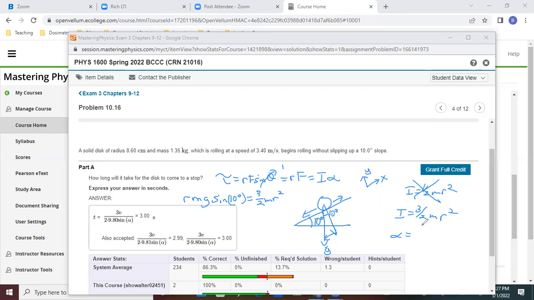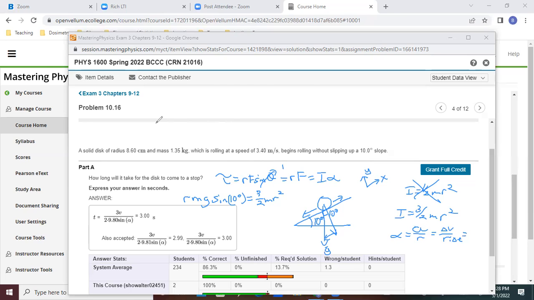What is the angular acceleration? Well, again, we have no real idea what the angular acceleration is. All we have here is a speed, essentially a velocity. Well, remember that this is the same thing as a over R. And remember that a is going to be the change in velocity over the change in time.